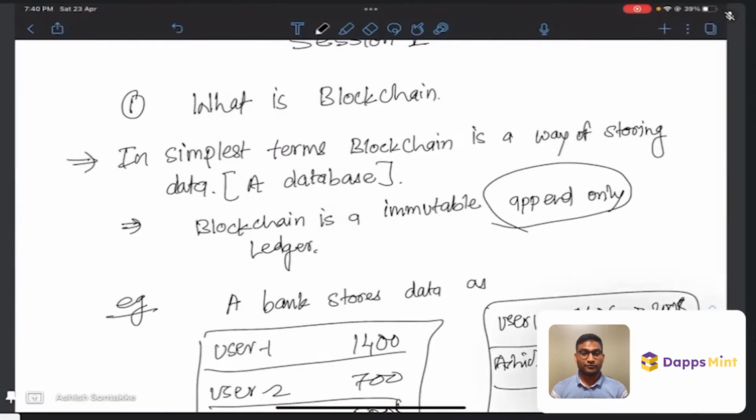If there's an error, what happens? Yes, that is a small problem, but making it unmodifiable has huge benefits.